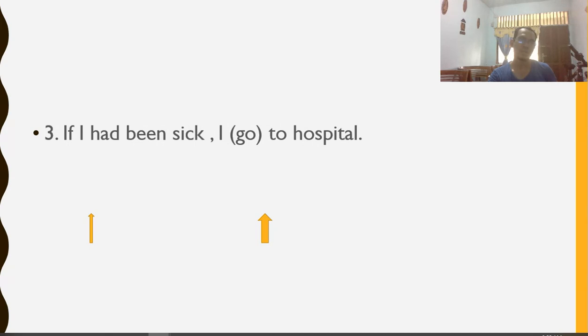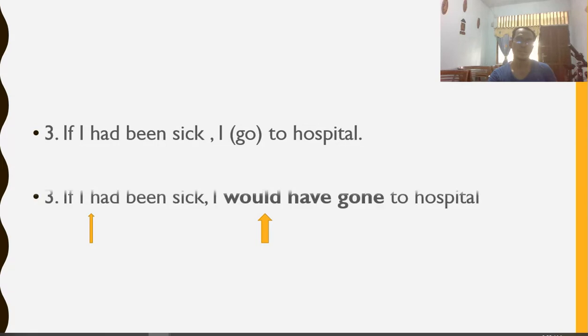Let's go on to number 3. If I had been sick, I could to hospital. So what is the answer? Is it like this? Yeah. If your answer is like this, then your answer is right. If I had been sick, I would have gone to hospital.